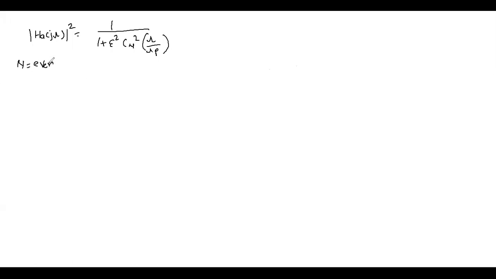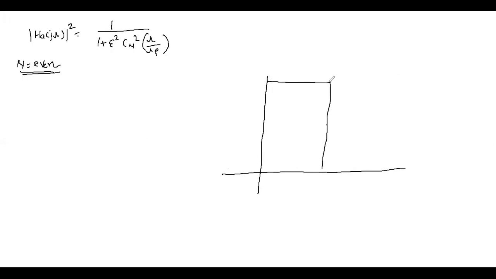Let n equal even. We will see where the ripple will start. Delta P, delta S, 0, omega P, omega S.